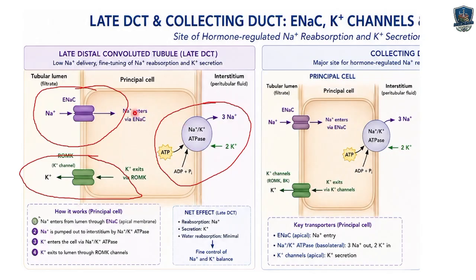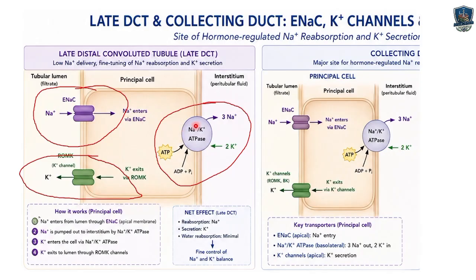So the sodium that has been reabsorbed will be further reabsorbed via the sodium potassium ATPase pump in exchange of potassium ions. So there will be an increase of potassium ion in the principal cell because this has been promoted by the sodium potassium ATPase pump.